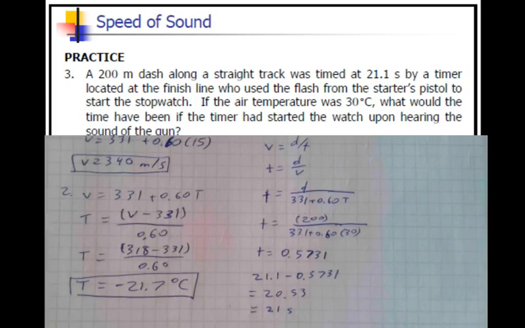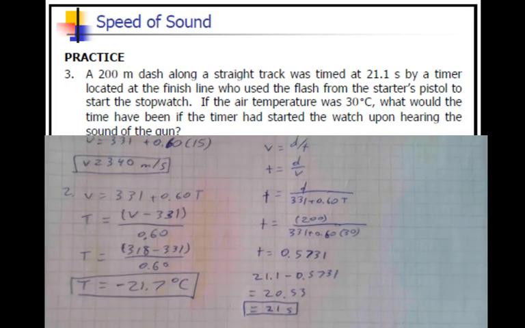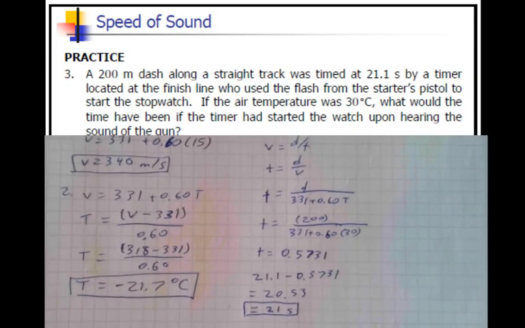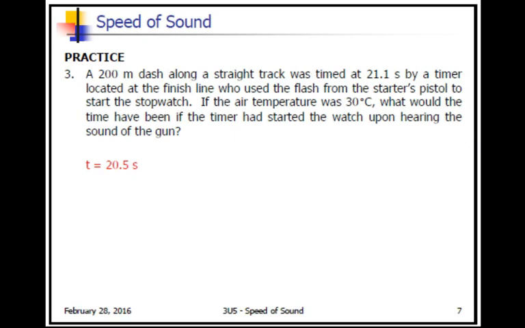I think I recall seeing the answer having 3 that they have here, so 20.5. But really, there should be 2 significant digits. If that was the case, there should have been stated that the 200 was 3, and the 30 was needed to be 30.0, but it didn't have that. So 20.5 is what's listed here.